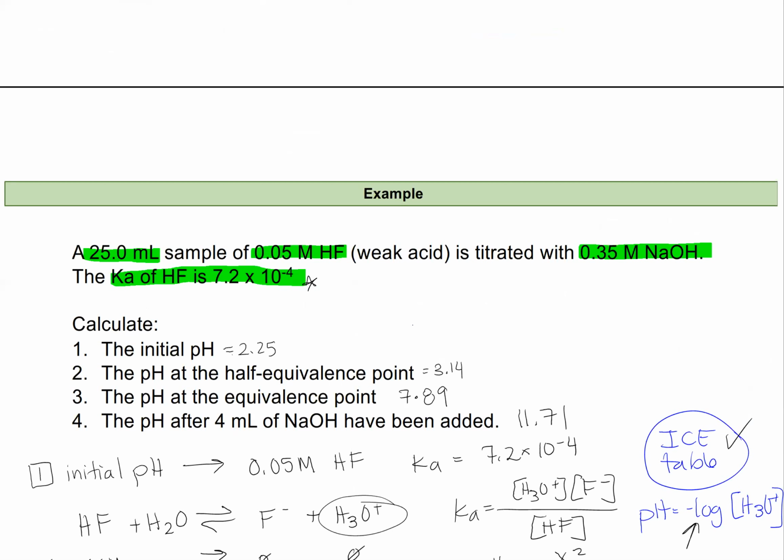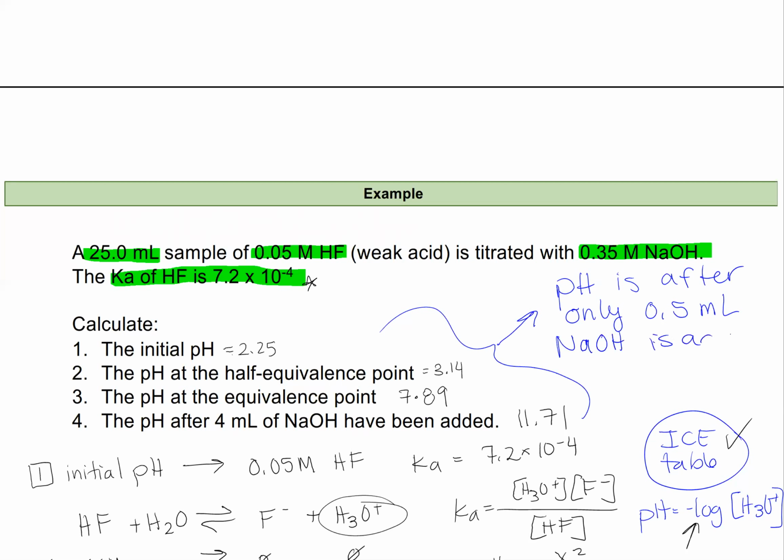If you would like a challenge at this point, I'm going to have another practice problem attached to this lecture. But one thing that might be worth trying as extra practice is to calculate what the pH is after only 0.5 milliliters of NaOH is added.